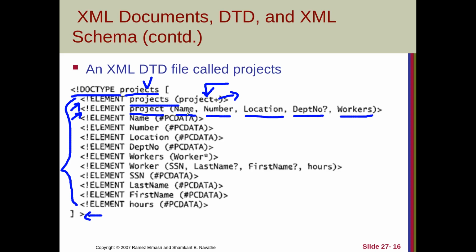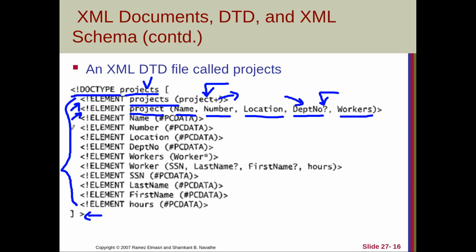It consists of name, number, location, department number and workers. Along with department number, you can see a question mark, which is a special symbol like plus, with a special meaning. We will see soon.